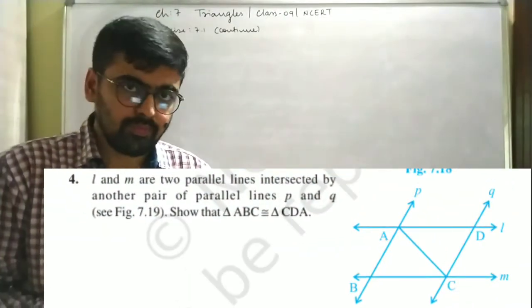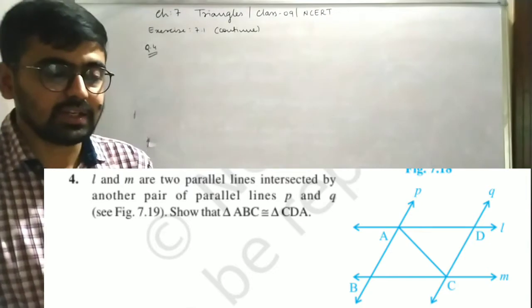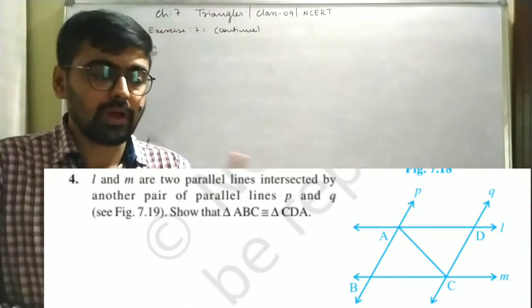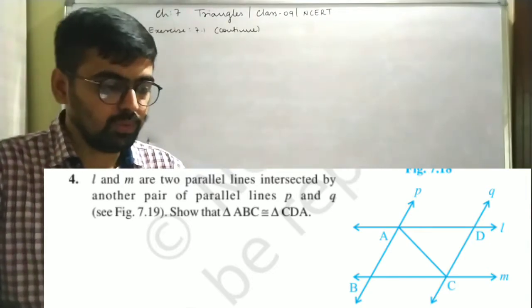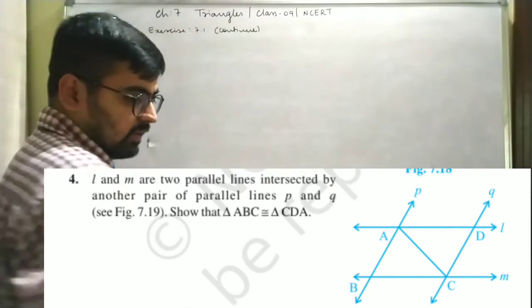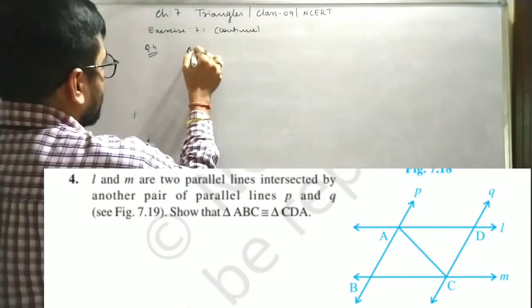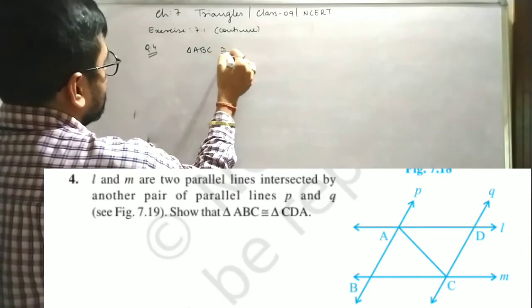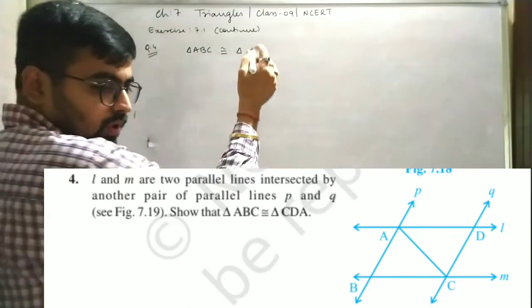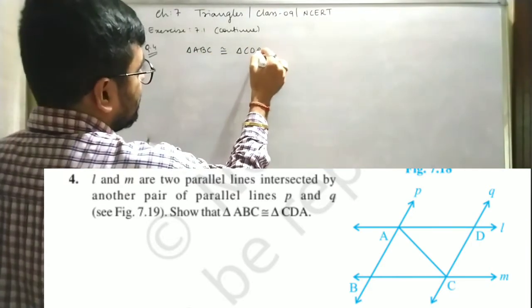L and M are two parallel lines intersected by another pair of parallel lines P and Q, as seen in the figure, and we want to show that triangle ABC is congruent to triangle CDA.